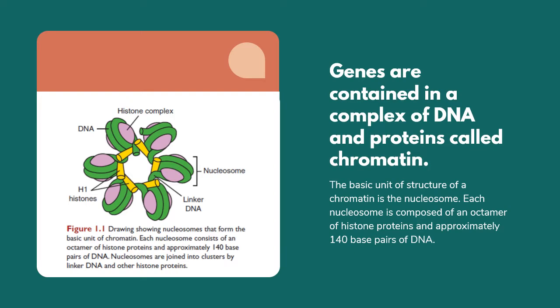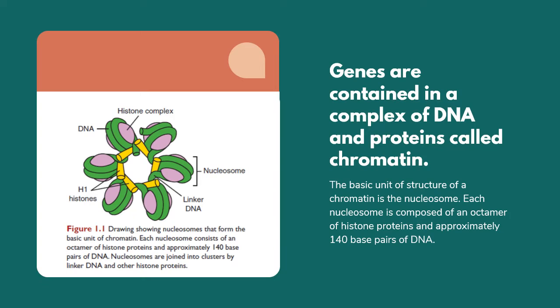Each nucleosome includes a core particle of supercoiled DNA wrapped around the core histone protein. The histone core complex consists of two molecules each of histone 2A, histone 2B, histone 3, and histone 4, forming an octamer.